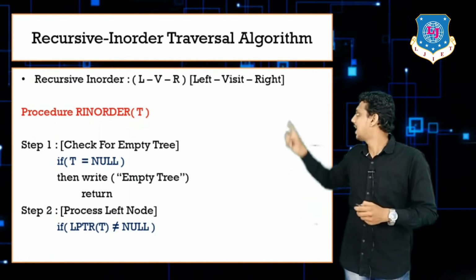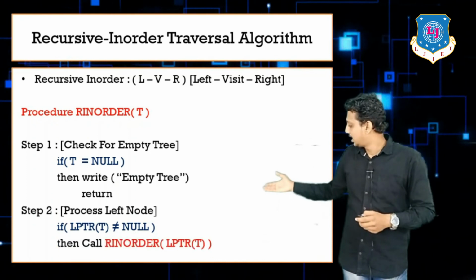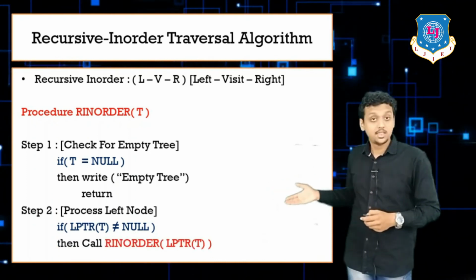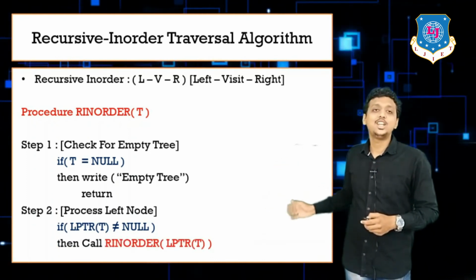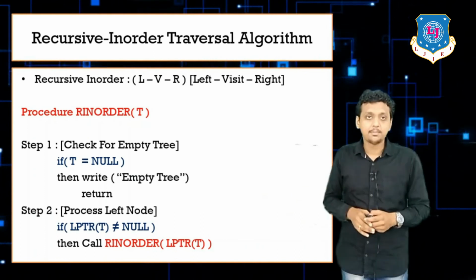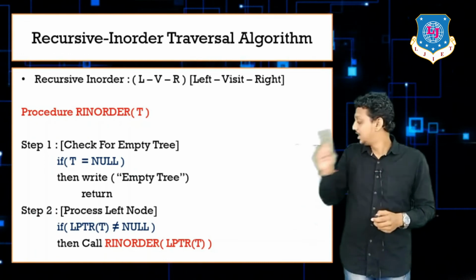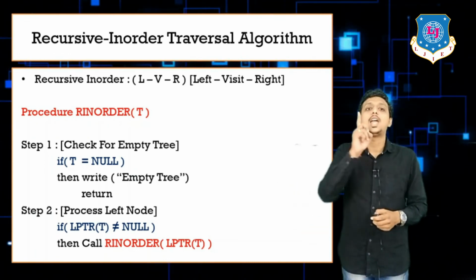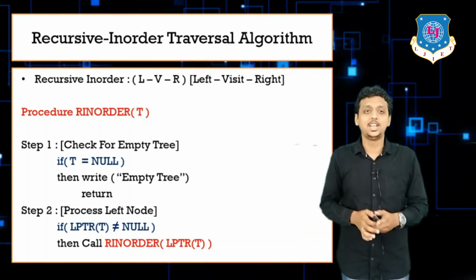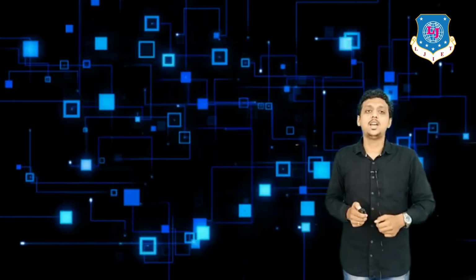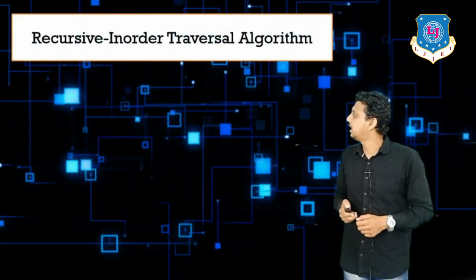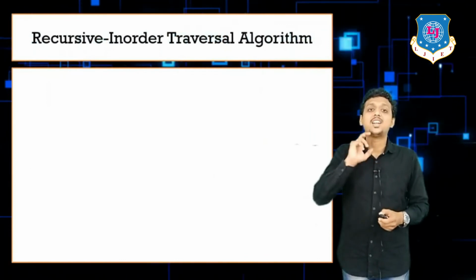Your function name is Inorder. So if LPTR is not equal to null, then call Inorder of LPTR of T. Fine. Now next we have step number 3, where we need to write the data.